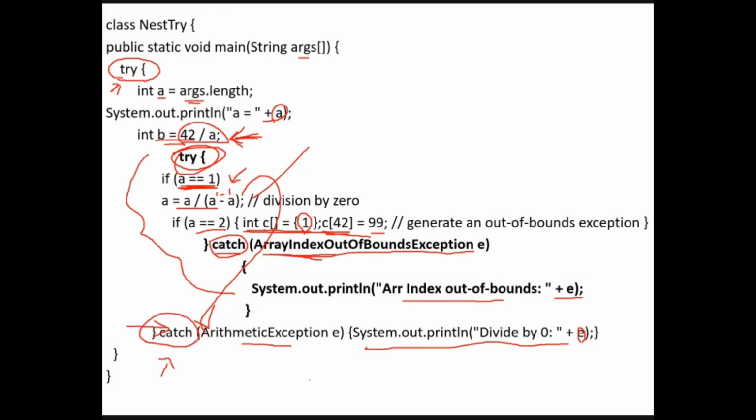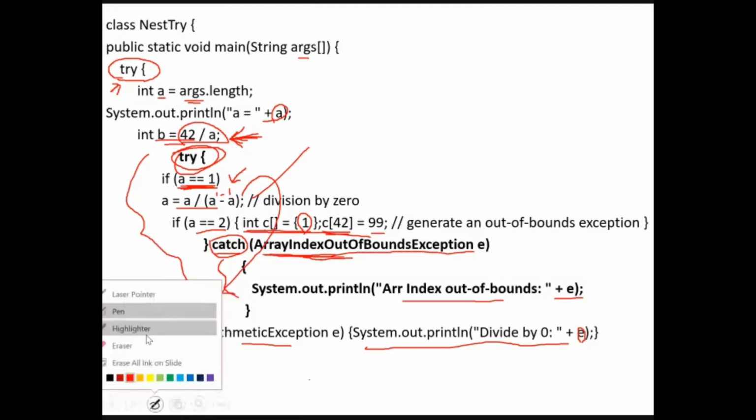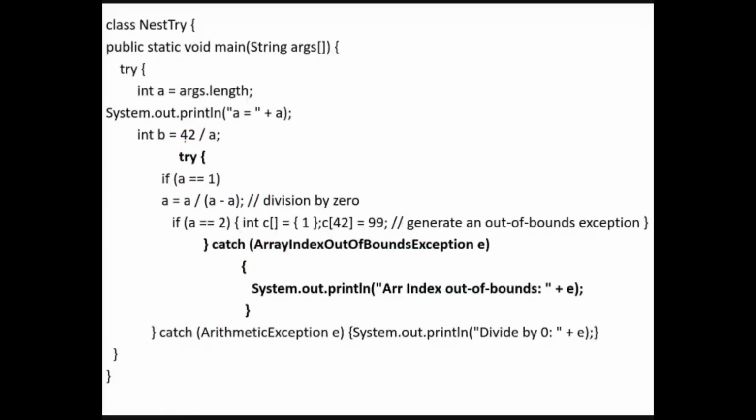Here, instead of array index out of bound exception, if I am having arithmetic exception, this cannot be handled by the inner catch block. Understood? Here, what his question means: if any exception occurs in the outer try block, that cannot be caught by the inner catch block.